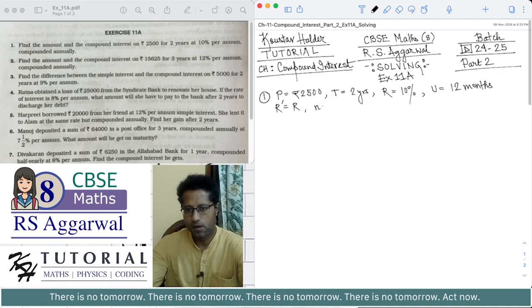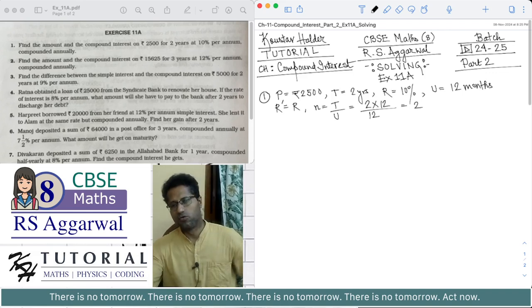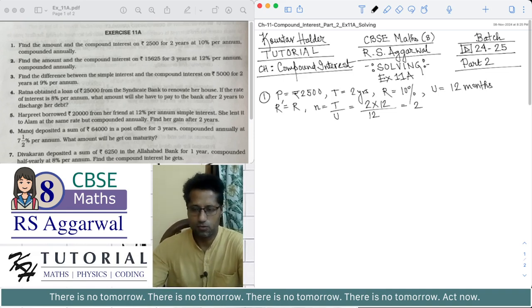The n will be equal to the total time in months divided by the unit of time in months. So the total time is 2 into 12 months, and u is 12 months. So this is 2 times. So 2 times the interest needs to be calculated.